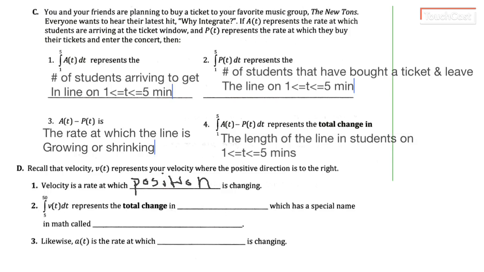And the integral from 5 to 50 of v of t with respect to t represents the total change in position on the interval from 5 to 50 units, which has a special name in math, which we call displacement.